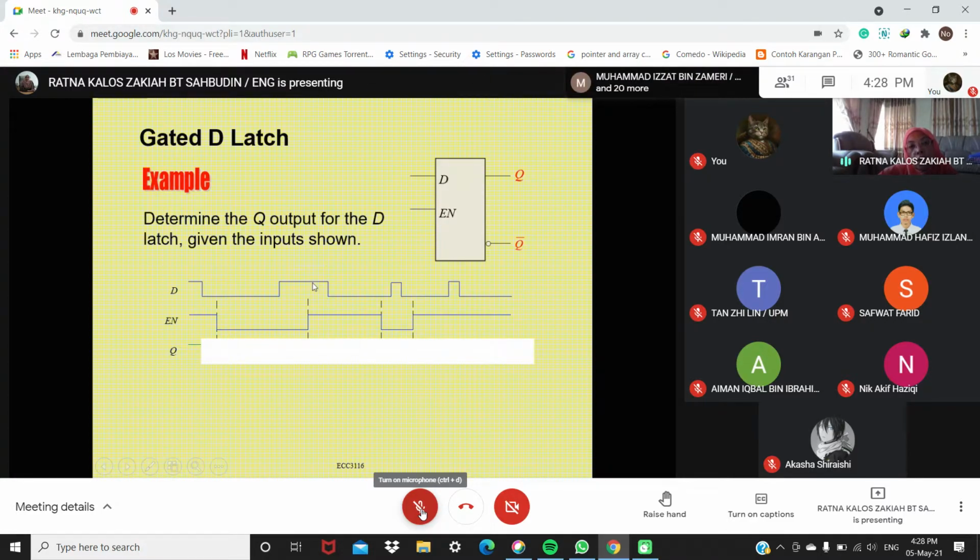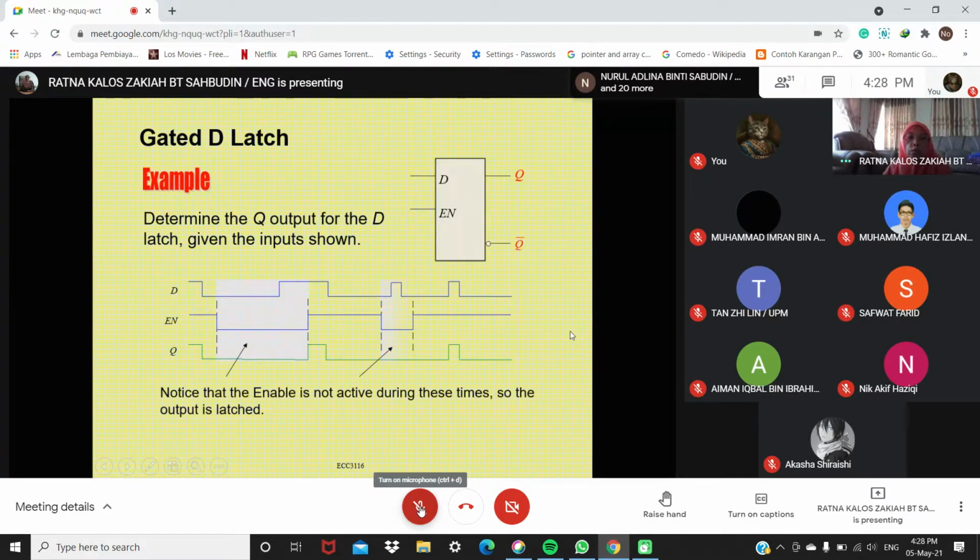You look at here, D is high, so it becomes high, and then it goes low, and then low until here. Because enable is low, it stays low all the way until this point. You see here, this part when enable is high, so low here, and then it follows going up and so on. So you get this output.